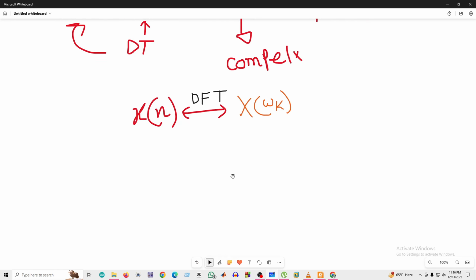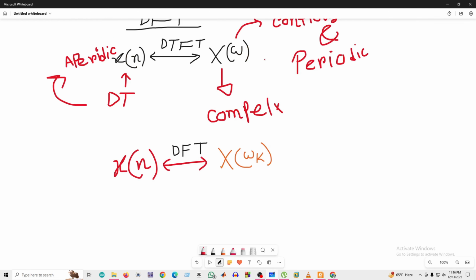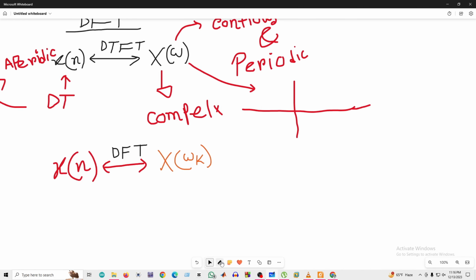In the DTFT you have a frequency spectrum of X of omega, whatever it may be. Let's say I have an arbitrary frequency response with this type of periodicity in my frequency domain.